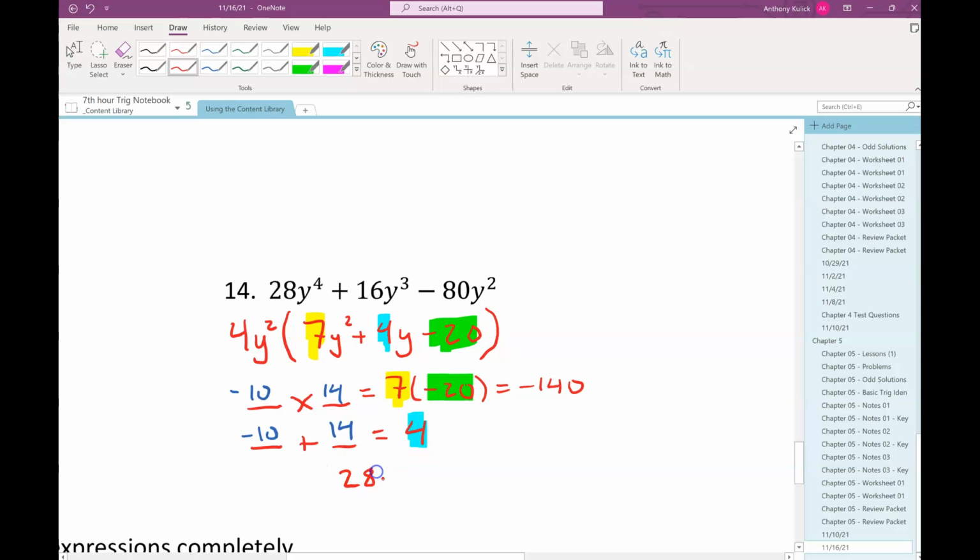Now keep in mind that does not tell us how to factor this immediately. What that does do is it tells us how to break up the linear term. So instead of writing 4y, I'm going to write negative 10y plus 14y.